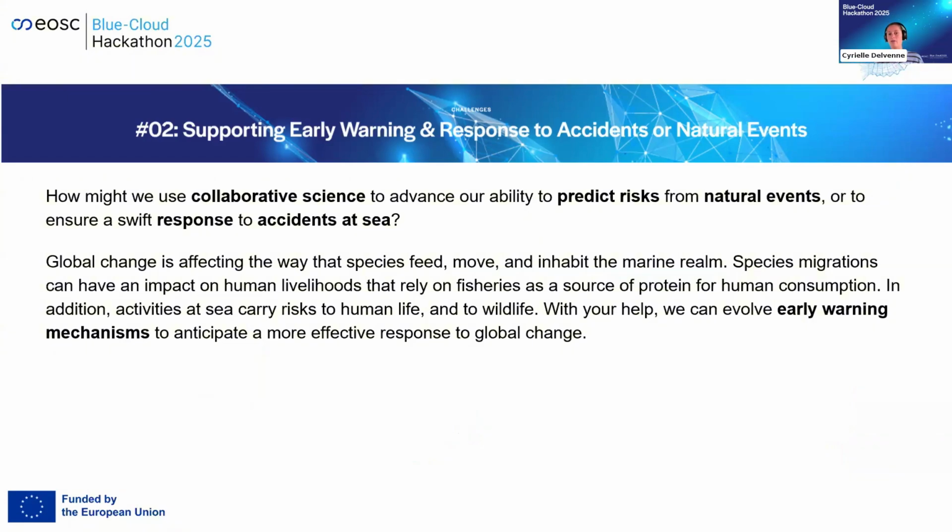Species are moving, but we need to understand better the way that they're moving, the way that they're feeding, and the way that they live in general. And species migration can have a huge impact on human livelihoods because we rely on fisheries, of course, as a source of protein, but also any type of activities at sea are impacted by these as well.